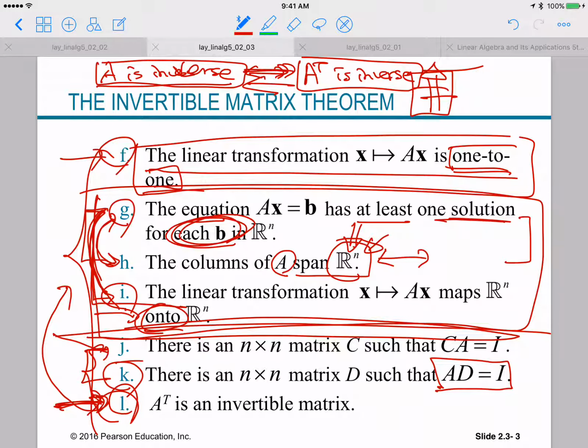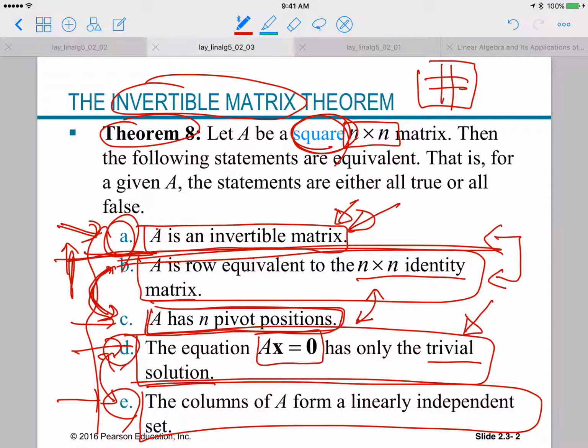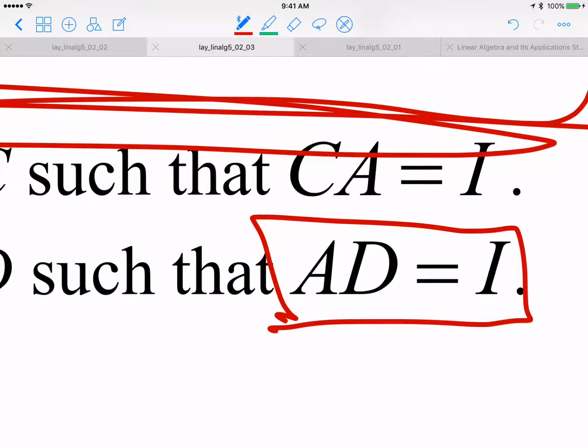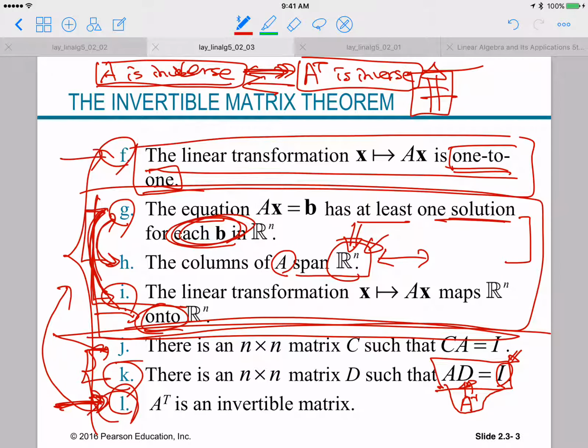Okay, I didn't fully memorize the exact flow, but yeah, here we still start from this same item A. A is an invertible matrix. Then how can we prove this statement is true? We can just simply plug in this A inverse into this place of D, and then that's when we can obtain, or can prove, that A times A inverse becomes identity. So starting from A, this item K is true.